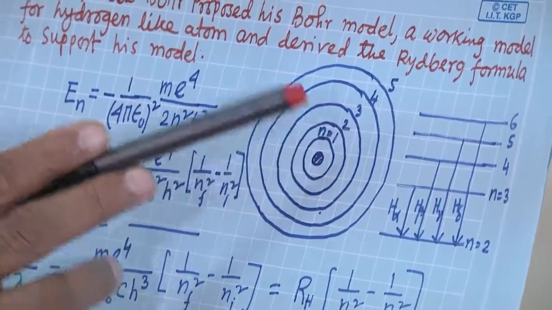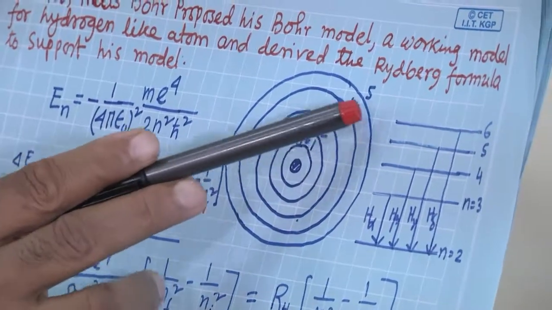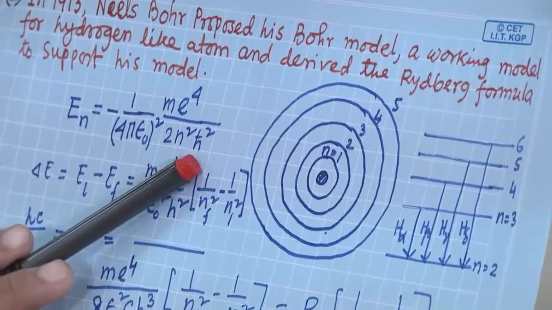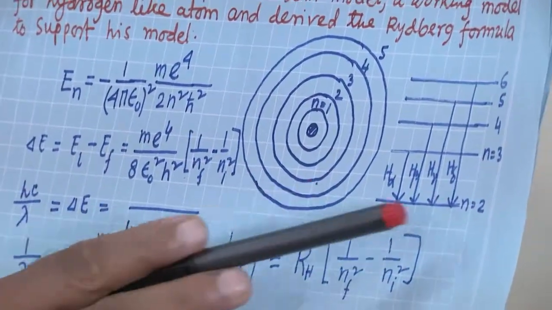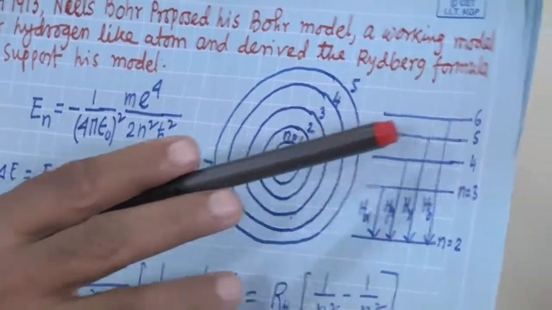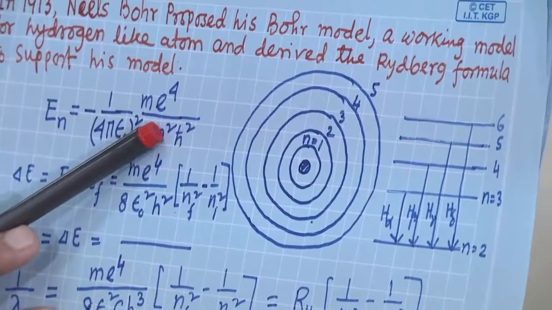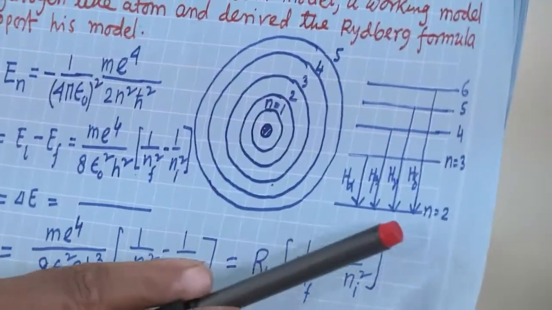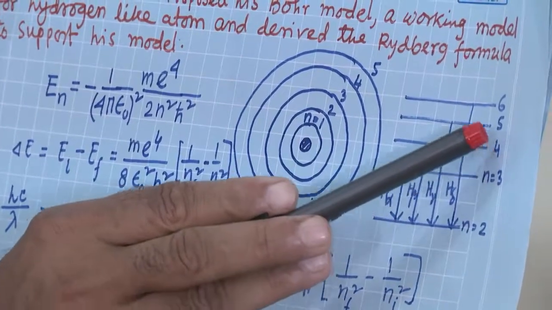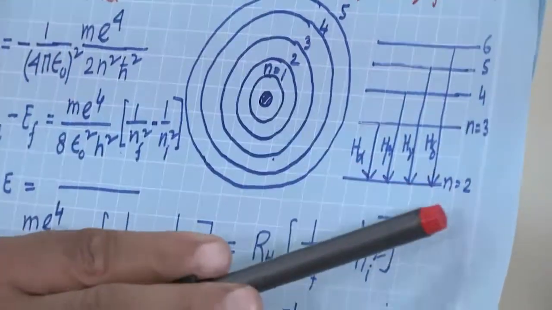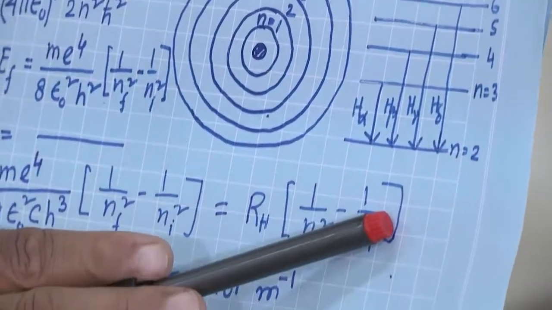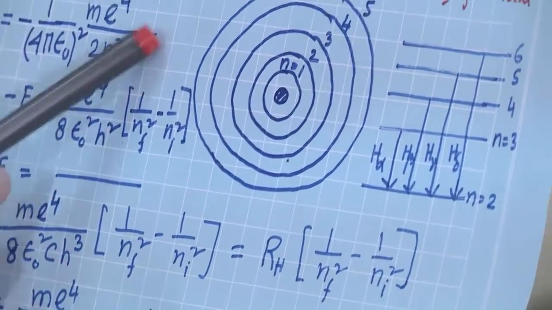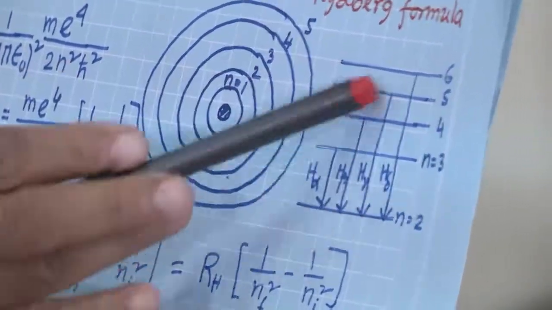Electrons can only stay in these energy levels, not at other energies. We can also draw these energy levels with horizontal lines. In this case I have n equal to 2, n equal to 3, n equal to 4, n equal to 5, n equal to 6, and n equal to 1 is also there, and he derived the energy of these levels.